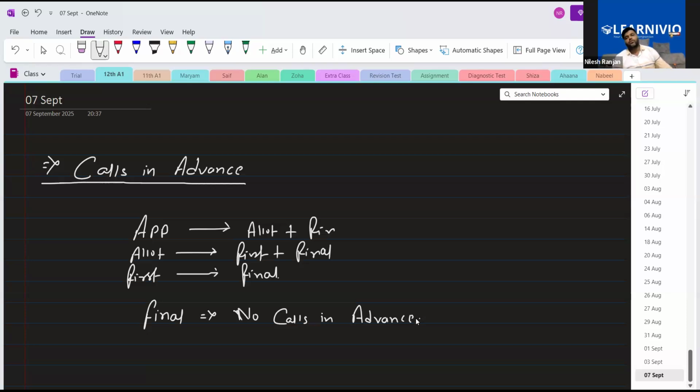So there is no concept of call scenario in that case. And if this is the final call, whatever money the shareholder will pay, it is final. So he will not pay any future calls, because there is no balance left. So that is why there will be no calls in advance on final.